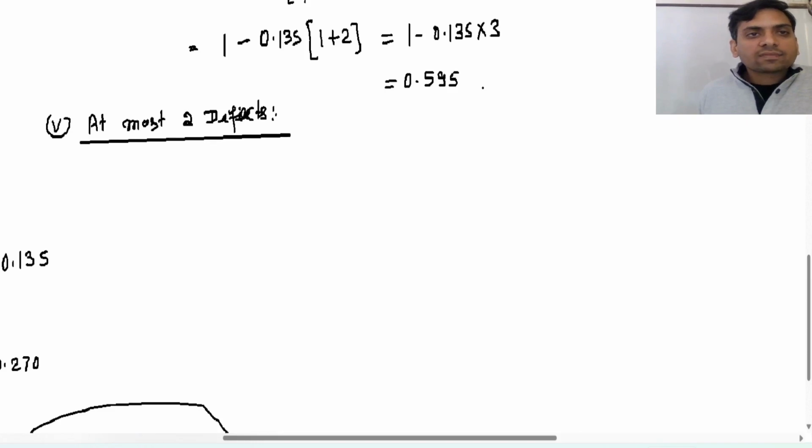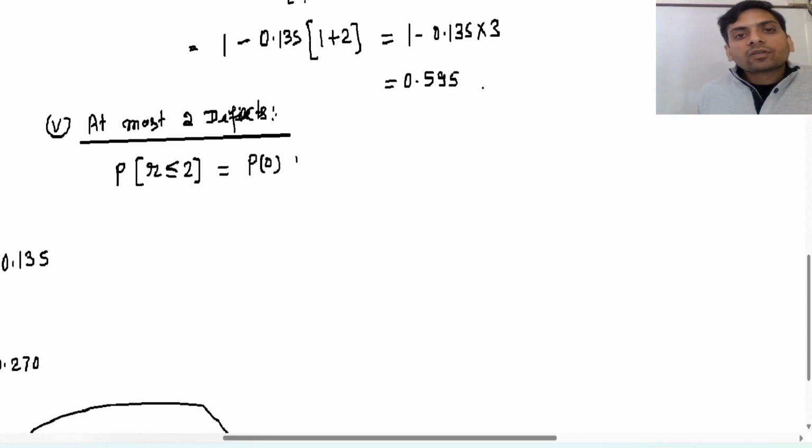At most means maximum 2. This may be 0, no defect. This may be 1 defect, or this may be 2 defect. This means R is less than or equal to 2, either 2 or 1 or 0. So you can write this as probability for 0 defect plus probability of 1 defect plus probability of 2 defect.